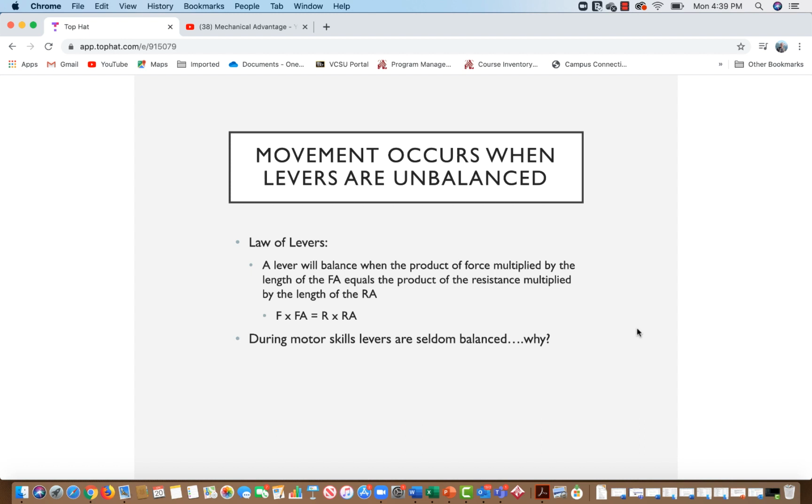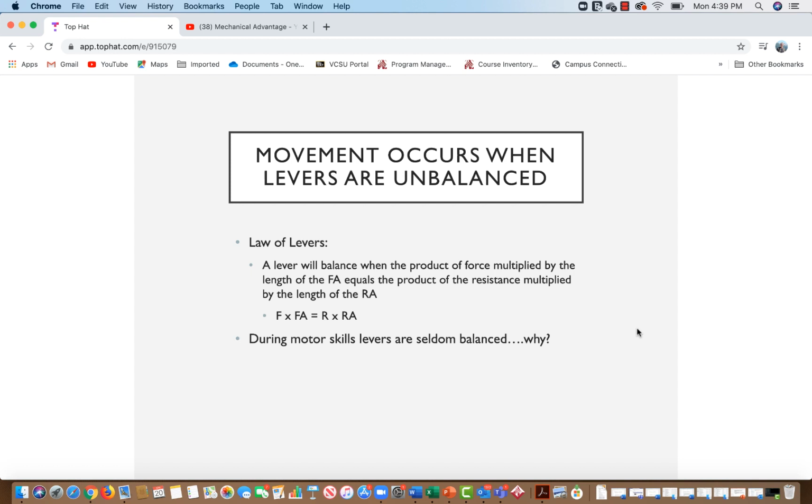So the lever will balance when the product, and the term product just means you're multiplying 2 factors, of force multiplied by the length of the force arm equals the resistance multiplied by the length of the resistance arm. So we have F times FA equals resistance times RA, or resistance arm. And we talked about load is R and effort is force, if we go back to that video.